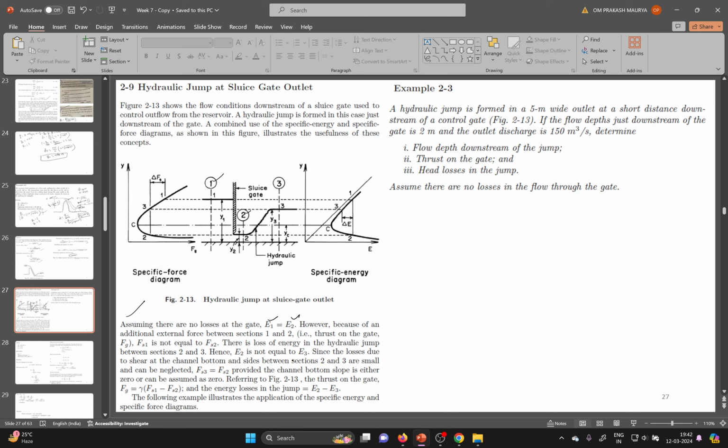The specific energy at section 1 and section 2 will be the same. This is a very important concept here.